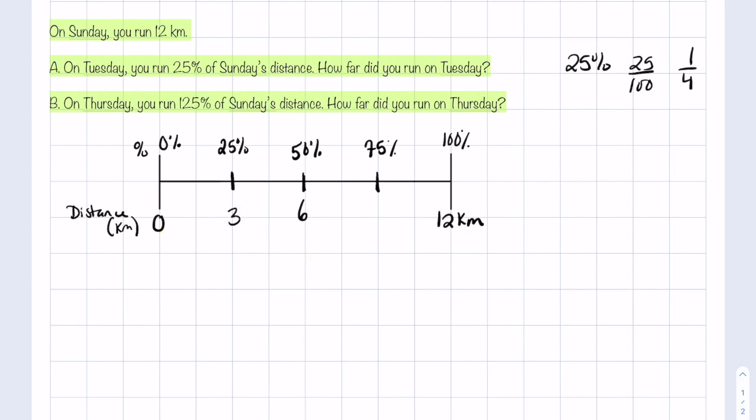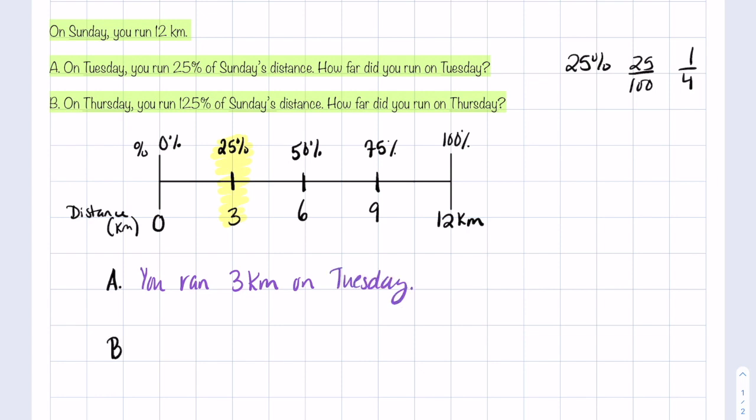We would get that same 3 if we did 12 divided by 4 to split it into 4 equal pieces. So 0, 3, 6, 9, and 12. So for part A, if we run 25% of Sunday's distance, we see that 25% is 3. So you ran 3 kilometers on Tuesday.